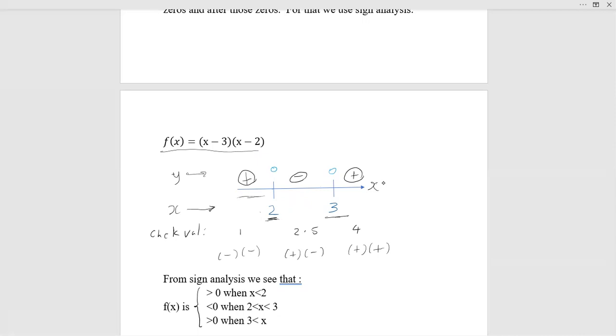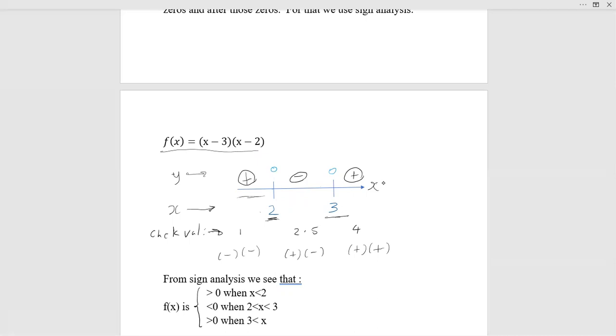That's exactly what we want to find, right? To find that, we get a check value to the left of x equal to 2. Here I use these check values in this example. For this region I use 1. You can use 0, nothing wrong.